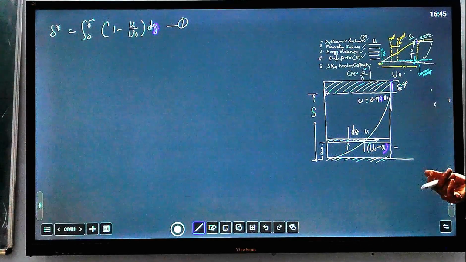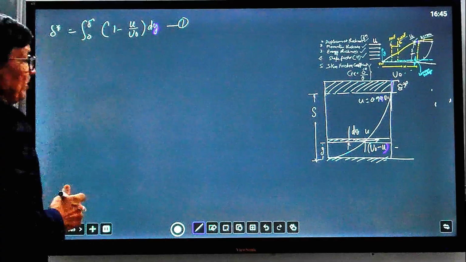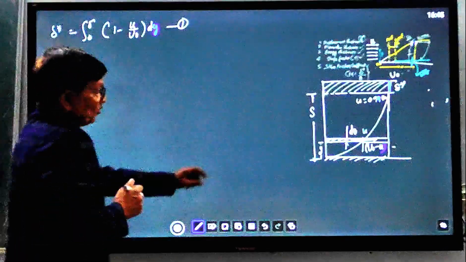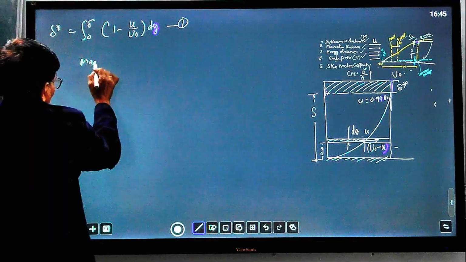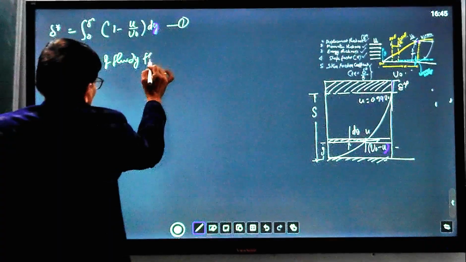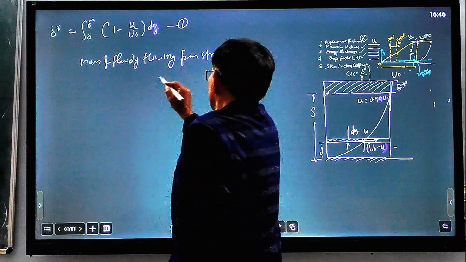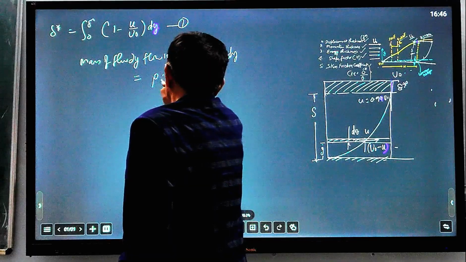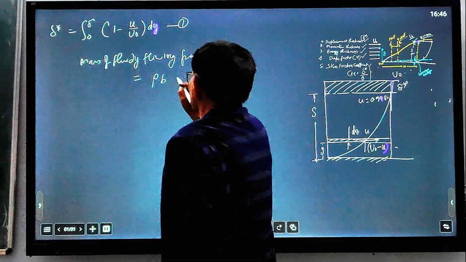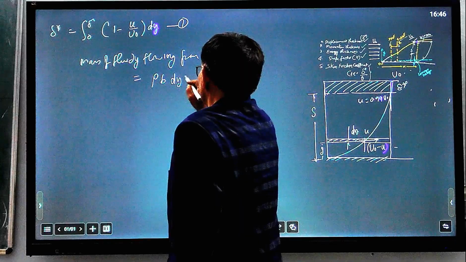So again we start from the loss in mass flow. Momentum of fluid. First, mass of fluid flowing through this strip layer dy equals rho b dy into u.